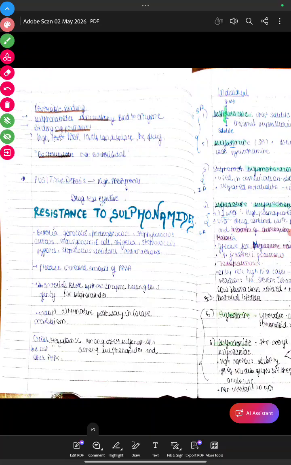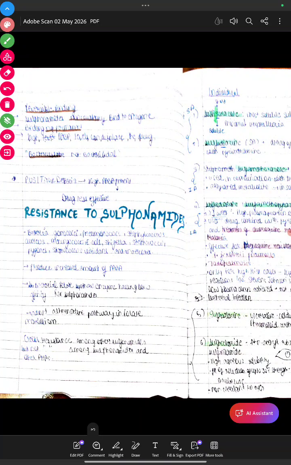For resistance, the bacteria are gonococci, meningococci, E. coli, Shigella, Staphylococcus, Streptococcus pyogenes, Streptococcus viridans, anaerobes, and pneumococci. These bacteria are now resistant.